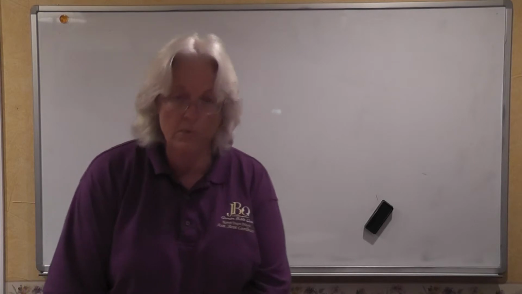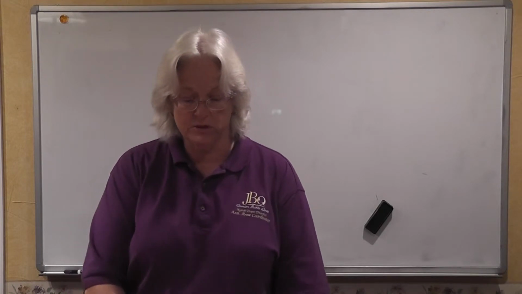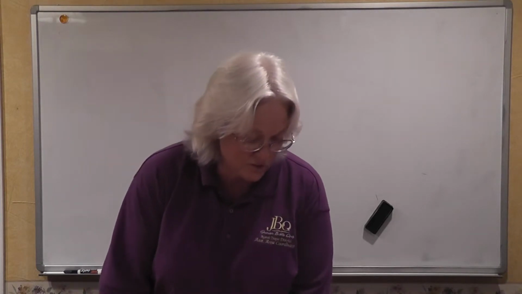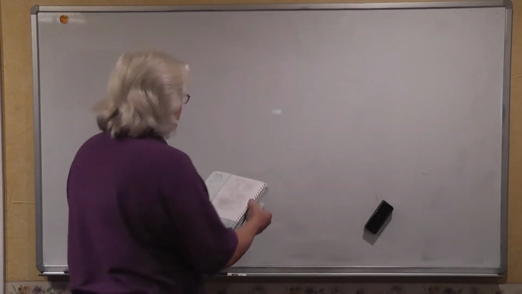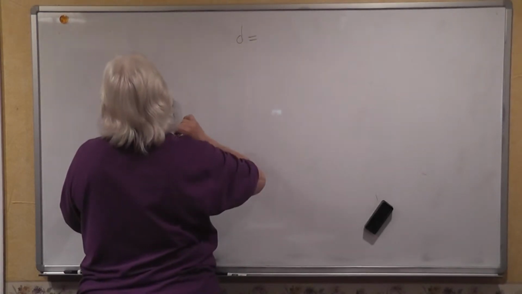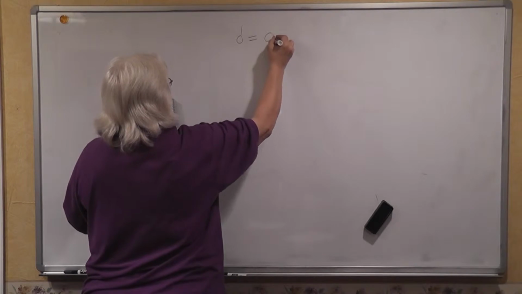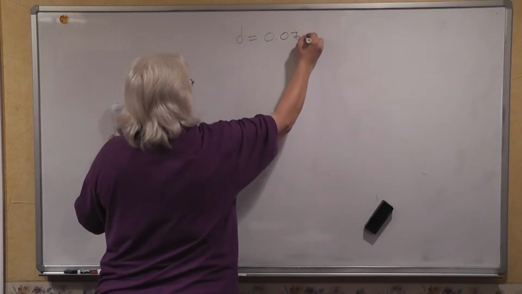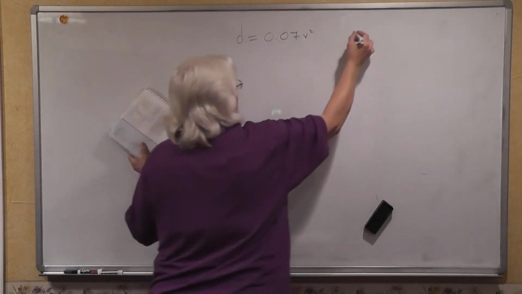And we didn't do much throughout the year of clearing equations of decimals, so it's going to take maybe just a little bit of a moment to jog your memory, but same exact principle. Example 2 says solve D is equal to 0.07 V squared for V.